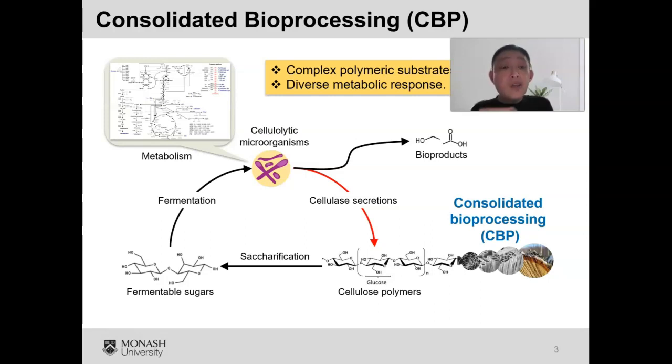On the other hand, you have the microbial metabolism. In the microbial cell itself, you have a complicated metabolic network. In response to this complex polymeric substrate, the microbe will regulate its own metabolism to decide, mainly in this context, when to produce more enzymes to break down the cellulose, and when to start producing enzymes internally to metabolize the simple sugar that is being produced, in order to maintain its own growth and other metabolic functions.